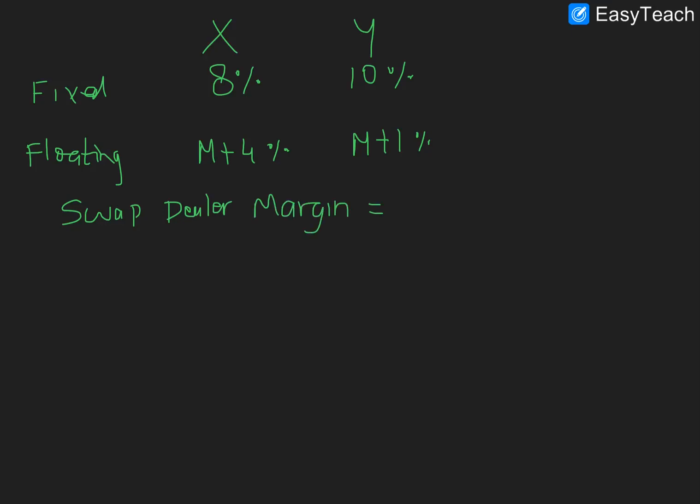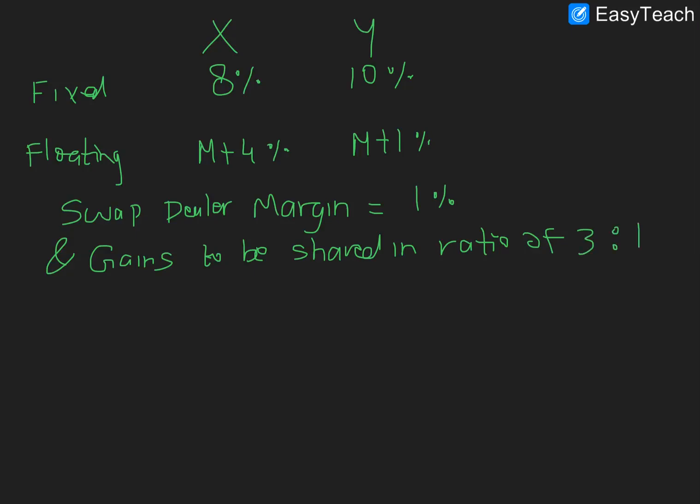The swap dealer margin is, let's say, 1%, and I say that gains are to be shared in the ratio of, suppose 3:1, that is a major chunk of savings is to be taken over by X. This is the agreed thing. So how do we create a swap for it? How do we engineer a swap between them? Because there is going to be also a dealer in between.